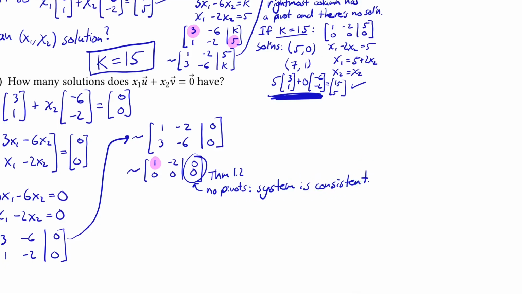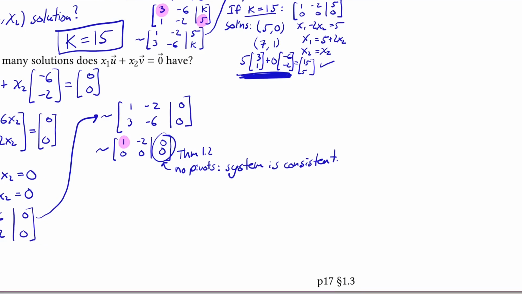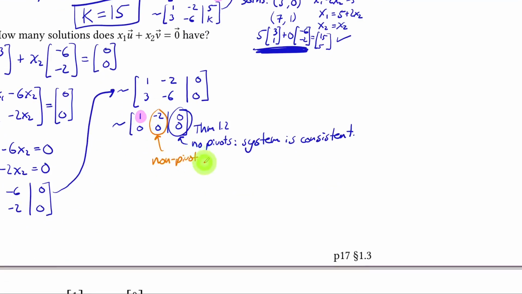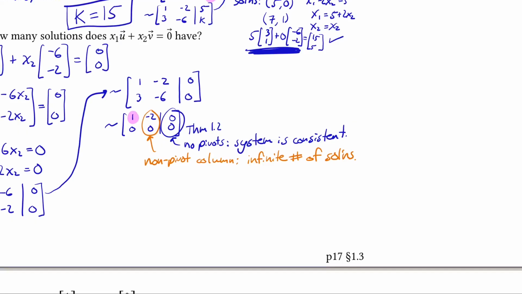And what else does Theorem 1.2 tell us about the pivots over here? We have one pivot column in the coefficient part and one non-pivot column. That one non-pivot column, the theorem says, means you're going to have an infinite number of solutions. And we could go through the same sorts of steps like we did here to actually list some of the solutions, if you want.